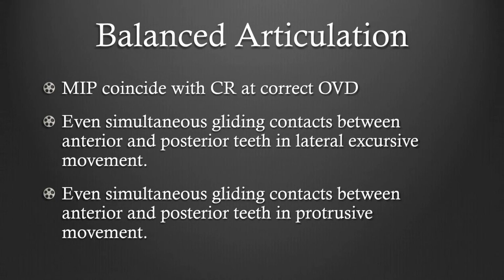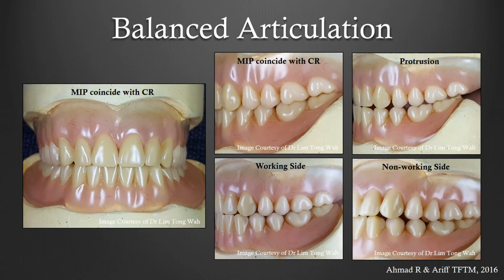The characteristics of this occlusal scheme include maximum intercuspal position at centric relation, even simultaneous gliding contacts between anterior and posterior teeth in lateral excursive and protrusive movement for both working and non-working side. These are the images to show balanced articulation, which are simultaneous gliding contacts between anterior and posterior teeth in lateral excursive and protrusive movement.